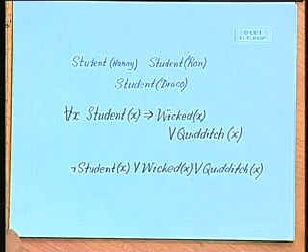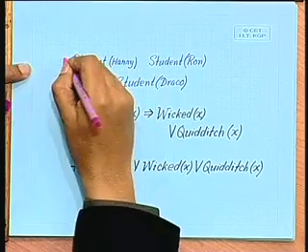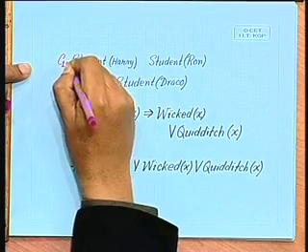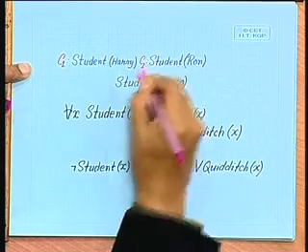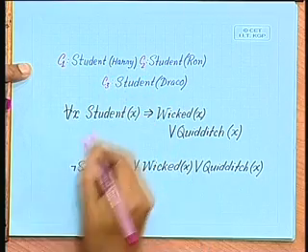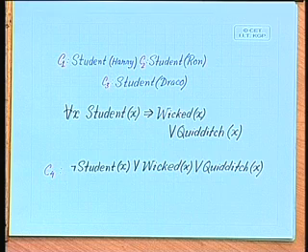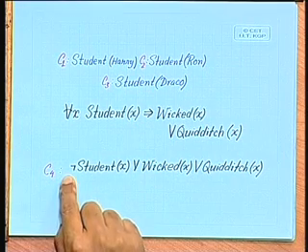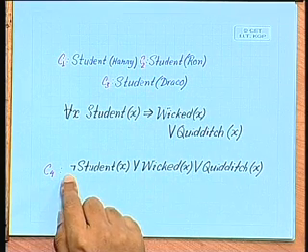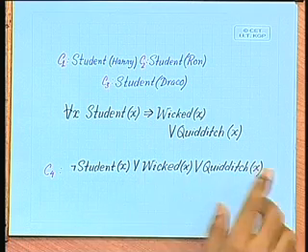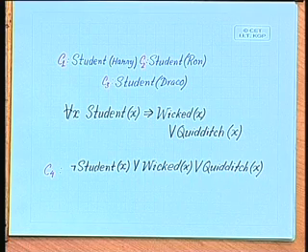So let us name these clauses. So this was C1, this is C2, this is C3, this is our C4. We are not writing the for all x outside because it is implied, because in clause form all the variables will be universally quantified.